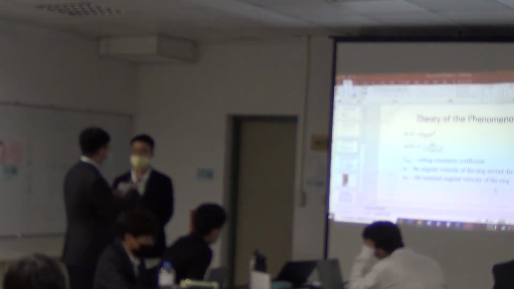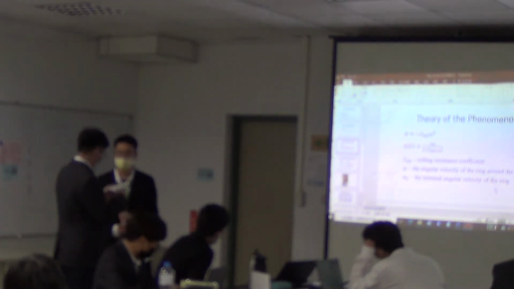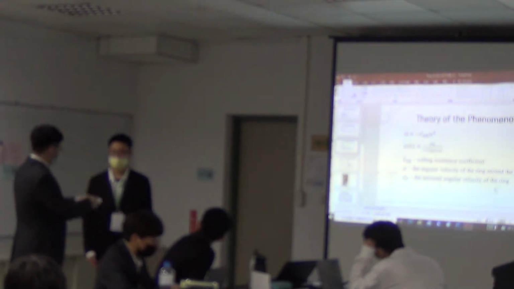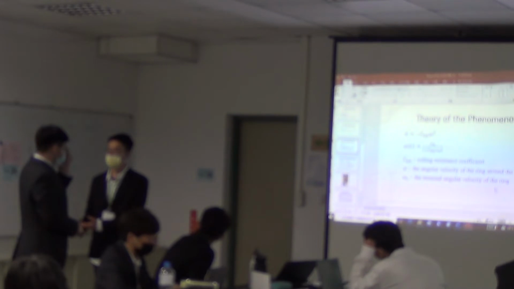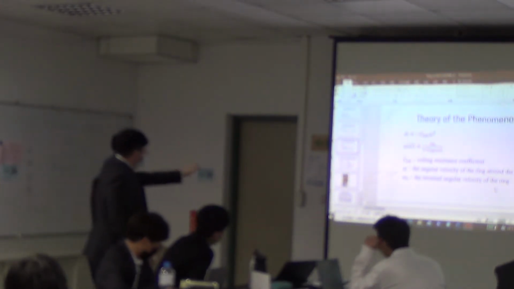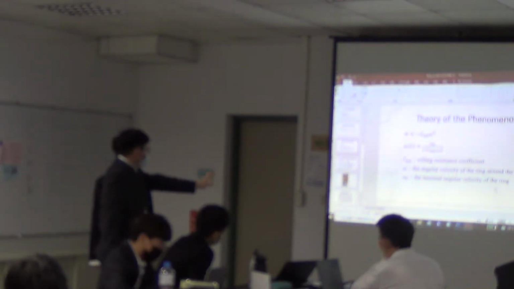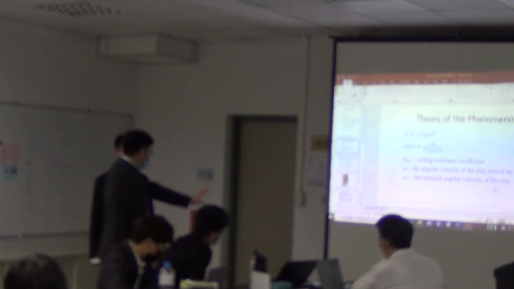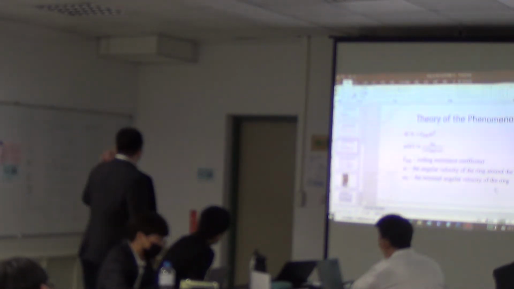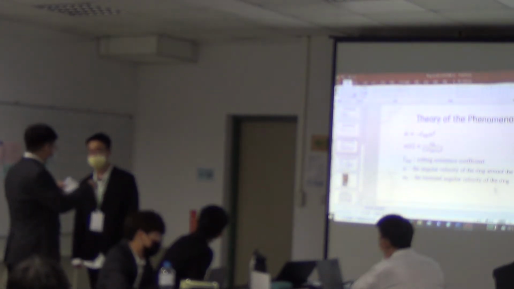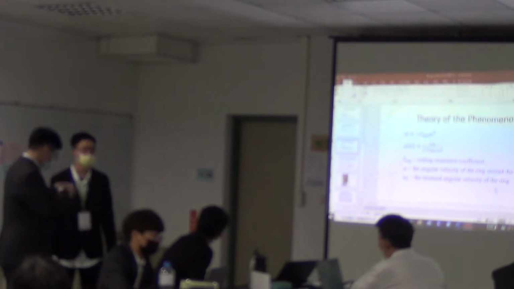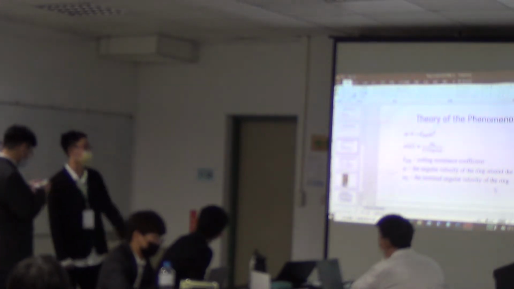I mean, if you use this formula, it's talking about a rolling resistance coefficient, and this coefficient will only change if the shape of the ring changes. I think there's something wrong here.